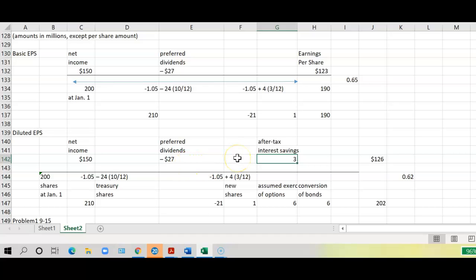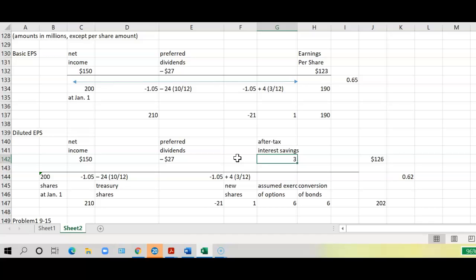But now we have to actually make an adjustment, because if we assume the bonds are converted to common shares, bonds pay interest. If we assume they have been converted, then the interest will no longer be included in the net income calculation, because we're assuming that the bonds were converted at the beginning of the year.